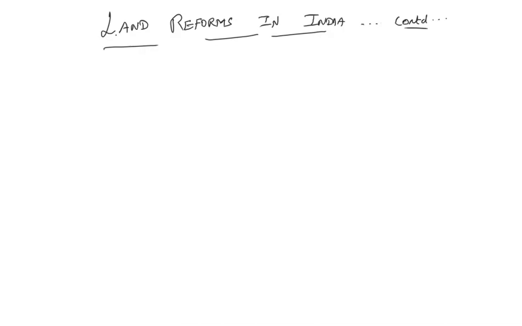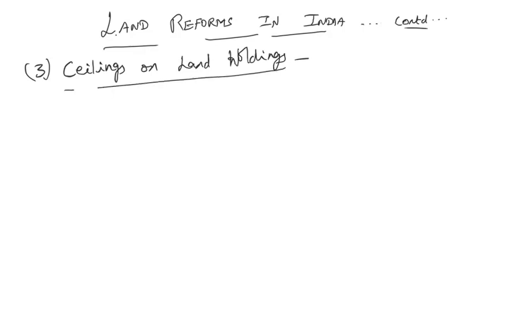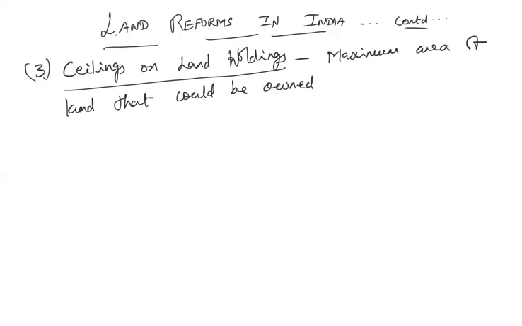The next measure introduced by the government was imposing ceilings on land holdings. Under this, the government fixed the maximum area of land that could be owned by a family.